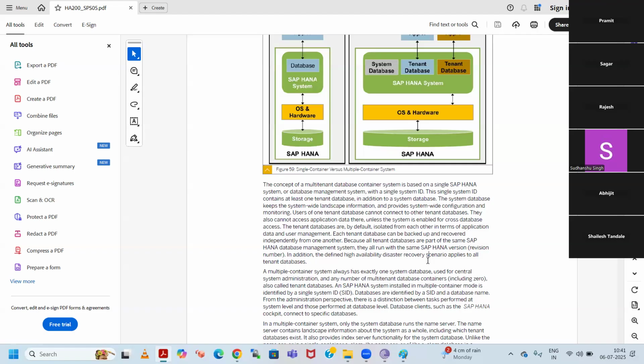So, Rajesh, I am giving you one system DB and I am telling you, use it. Where will you use it? I'm sorry, I do not know this. Okay, Pramit, where will you use it?